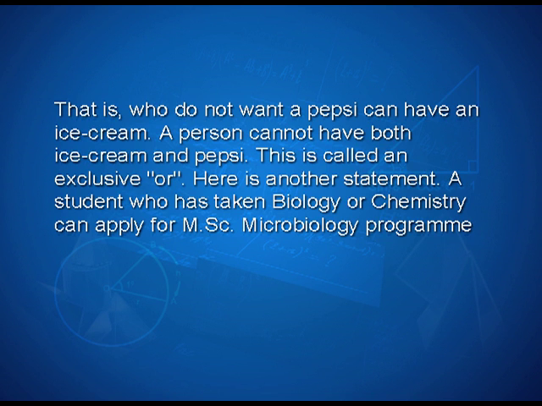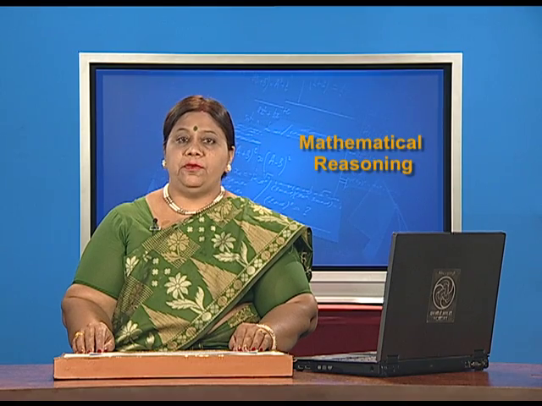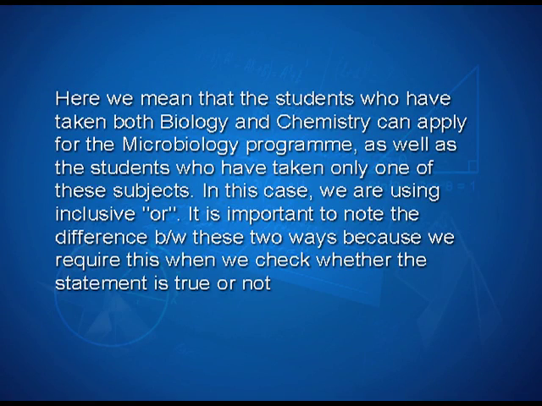Here is another statement. A student who has taken biology or chemistry can apply for MSc microbiology program. Here we mean that the students who have taken both biology and chemistry can apply for the microbiology program, as well as the students who have taken only one of these subjects.